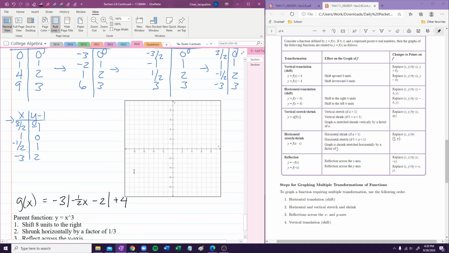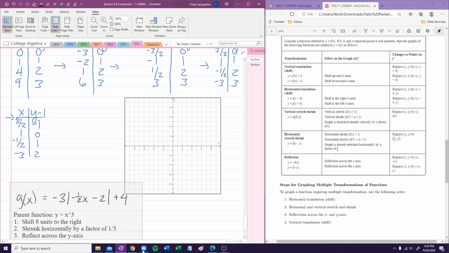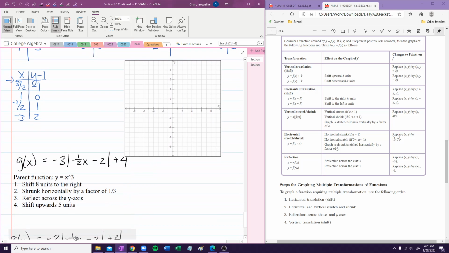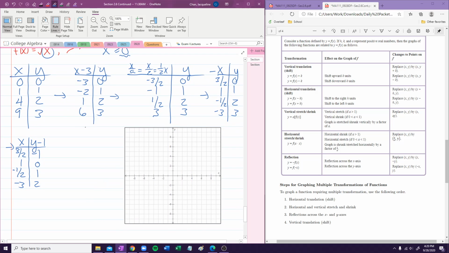Right, and let's graph. I have 3 halves and negative 1, so 3 halves is 1.5. So I have 1.5 and go to negative 1. Then I have 1, 0, then negative 1 half, 1, and then negative 3, 2.